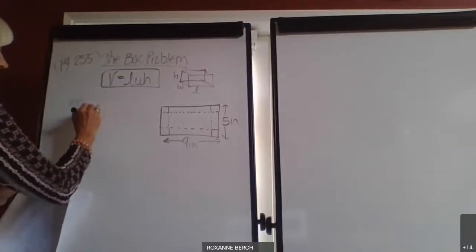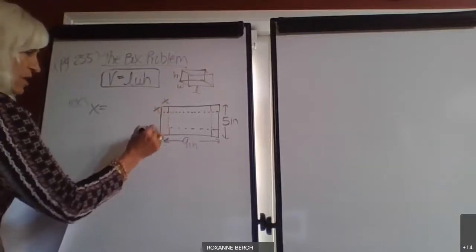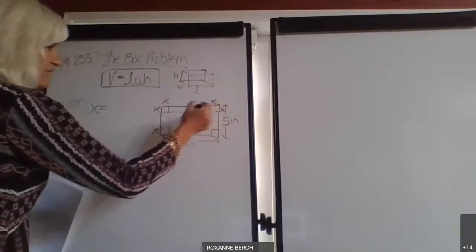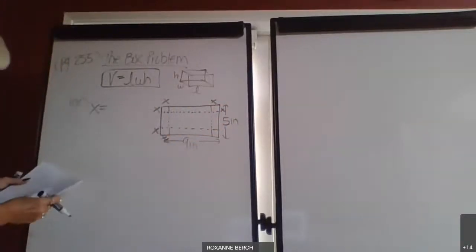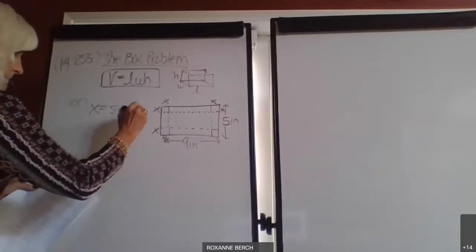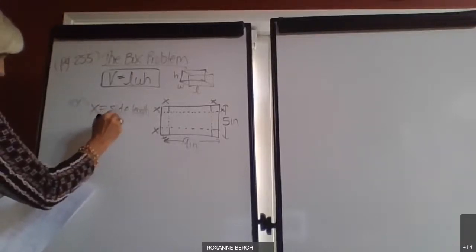So we're going to define the variable as the length of this side flap. That's what we're going to call it. So every side is x, side flap. So that right there is the side length of the square flap.